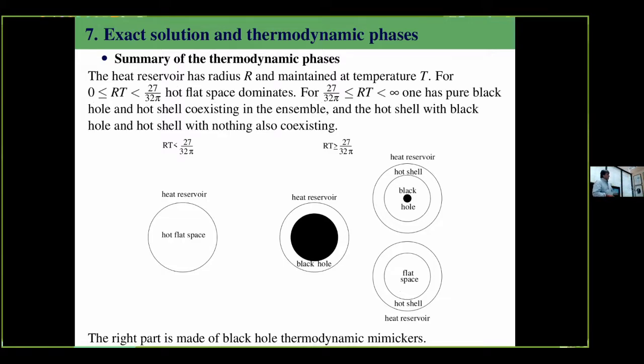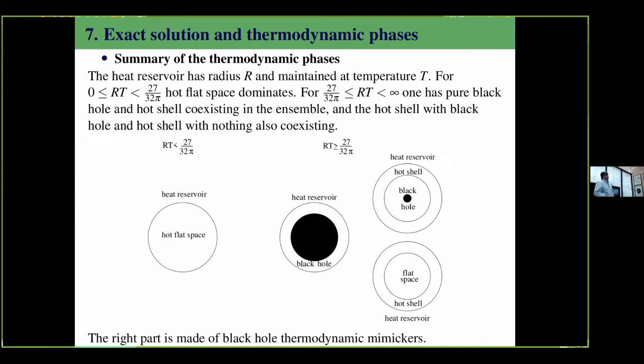There is a drawing which is easier to understand. You fix rT at the reservoir, and if rT is less than 27 over 32 pi, then there are no black holes, only hot flat space. If rT is greater than 27 over 32 pi, what do you have in the ensemble? 50% of the systems are going to be pure black holes, and 50% are going to be hot shells.